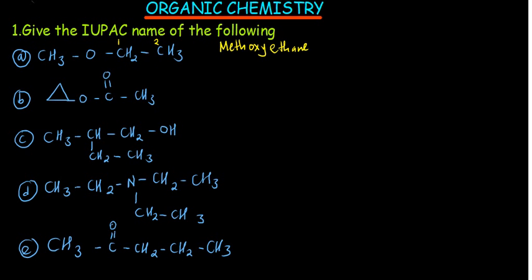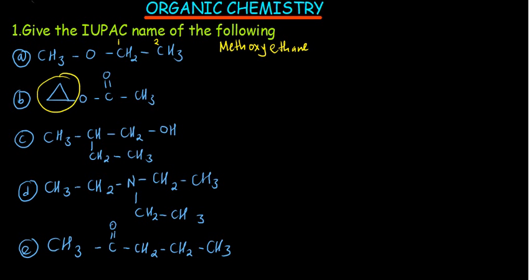Now let's look at the second one. What functional group is present in the second one? When we look at this functional group here, this functional group is for an ester. So to be able to name an ester, we are going to look at the portion which is nearest to oxygen.